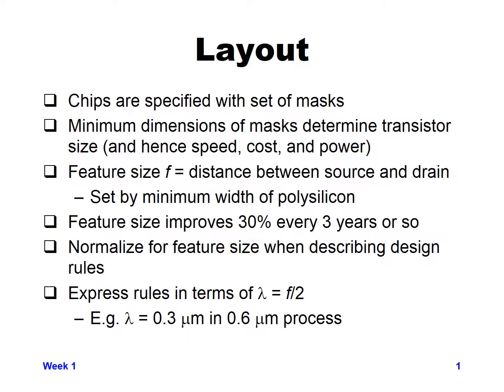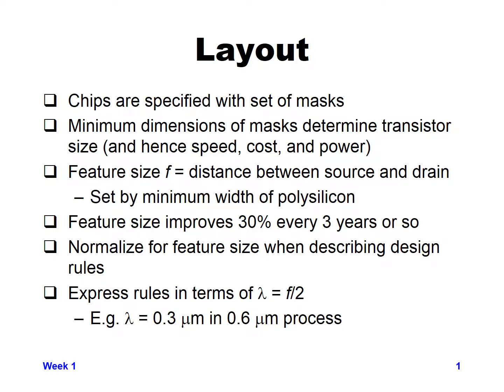And as we try to determine what the rest of the minimum distances are for other layers, the metal, the polysilicon, the vias, and as we go up in metals, we'll have metal 1, maybe another metal on top of that, metal 2, and we'll have multiple layers of metal in order to get all the interconnections that we need. All of those design rules will be in terms of what's called lambda, and lambda is F over 2.